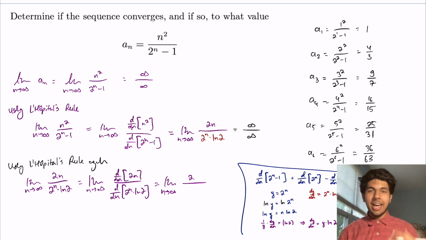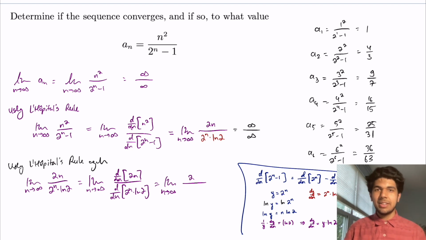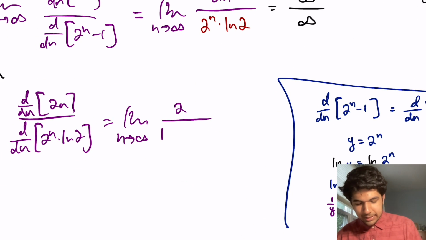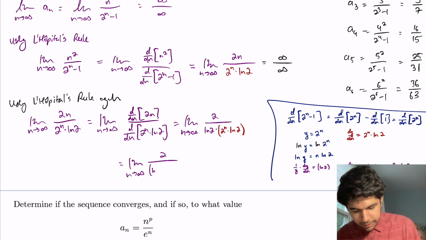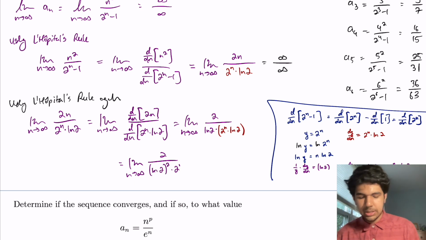So 2 to the n times the derivative of ln of 2, the derivative of the natural log of 2 is simply 0, and then we add to that ln of 2 times the derivative of 2 to the n, but we just computed the derivative of 2 to the n. So that's going to be equal to ln of 2 times the derivative of 2 to the n. But this term here is going to be equal to 2 to the n times ln of 2. So our limit simplifies into 2 over (ln of 2) squared times 2 to the n.